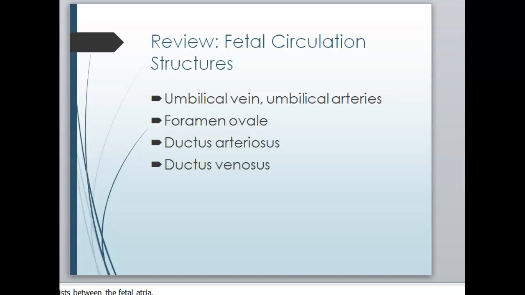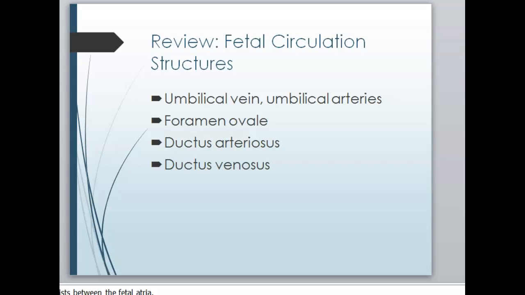But in fetal circulation, a baby cannot breathe in air. They're in the mother, so their nutrients are being supplied to them by the placenta. The placenta typically has one umbilical vein and two umbilical arteries. There are also some types of shunts that occur.